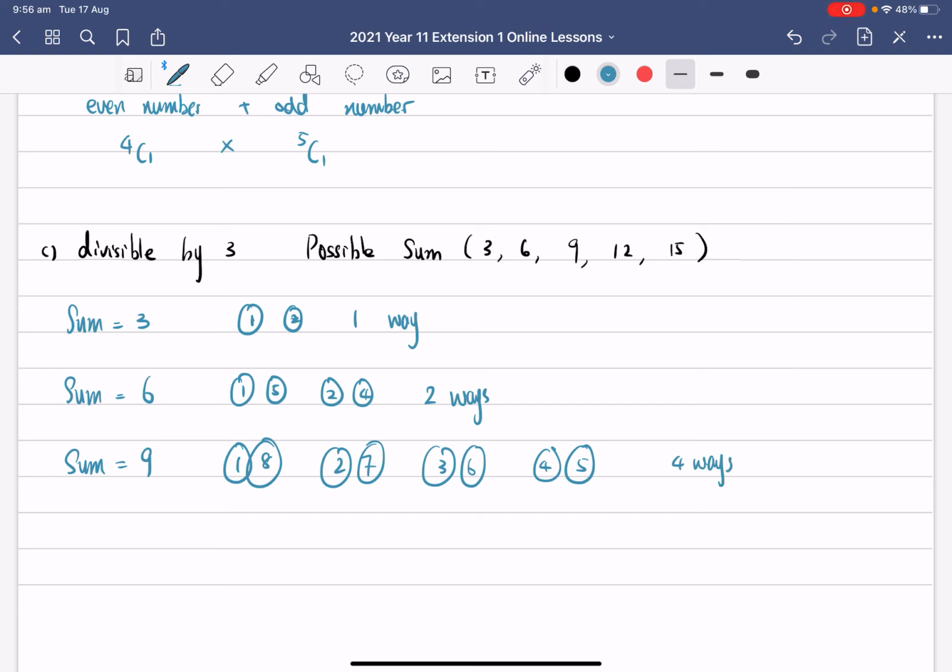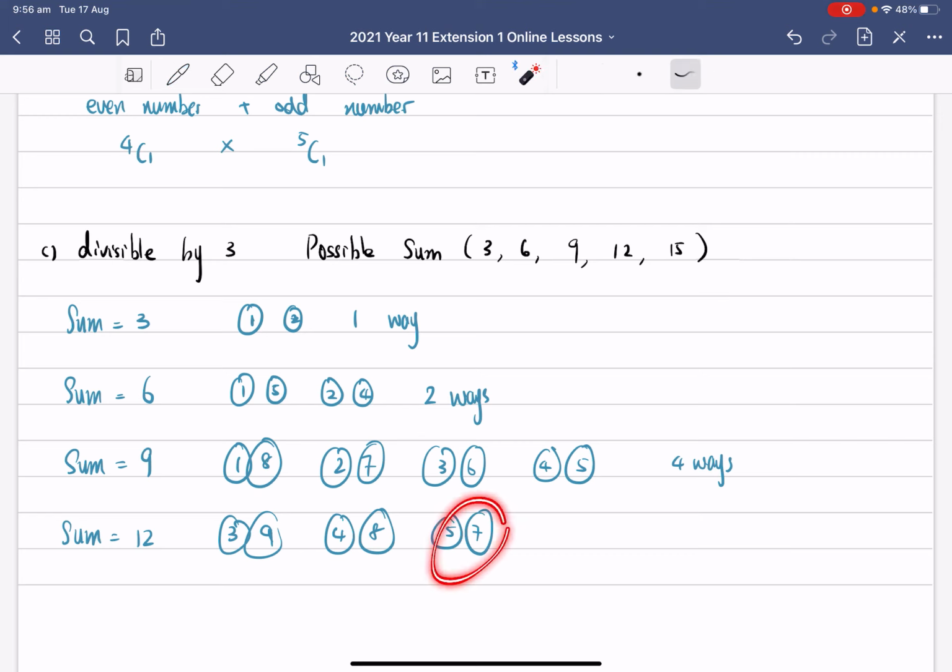If we continue the process, for the sum 12, can we do 1 and 12? No. So for 12 it has to start with 3 and 9, the largest 9, and then 4 and 8, and then 5 and 7. You can't have 6 and 6. You also can't have 7 and 5, because 5 and 7 and 7 and 5 are considered one selection. So now it's 3 ways.